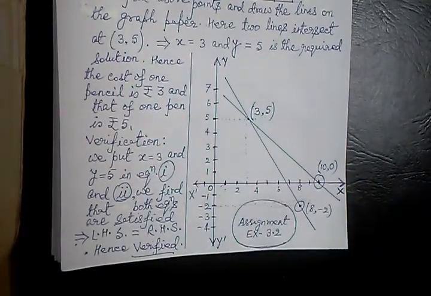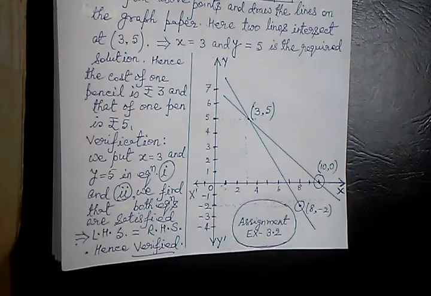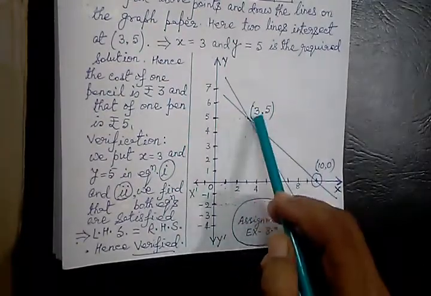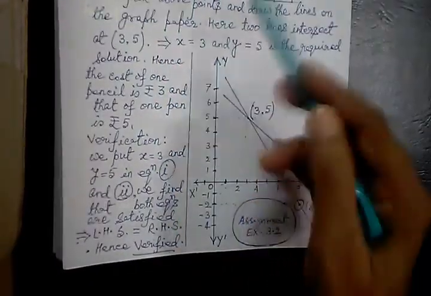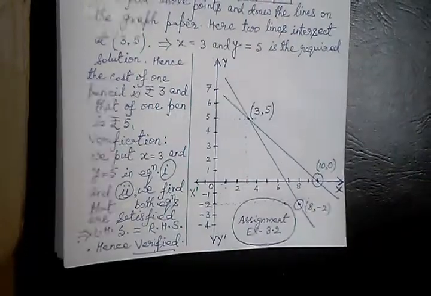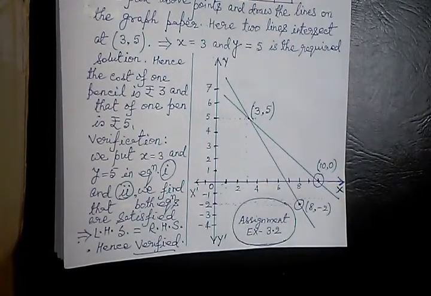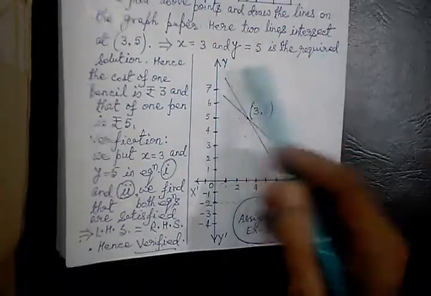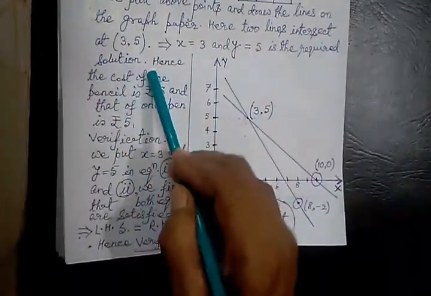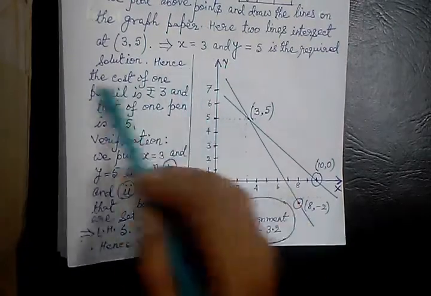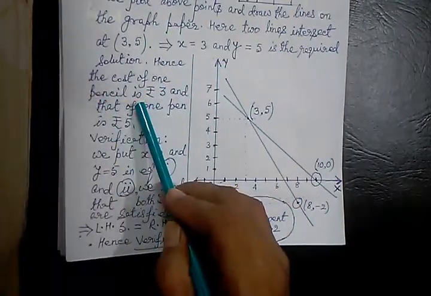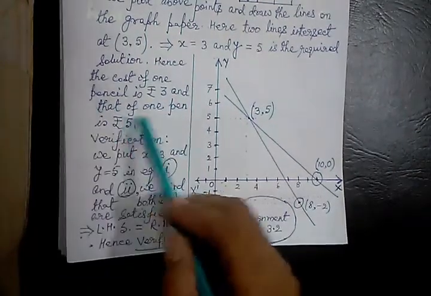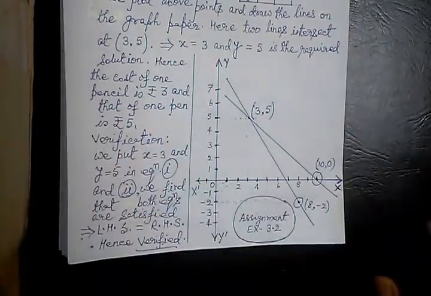Obviously this point of intersection will give you the solution of this pair of linear equations. So x equal to 3 and y equal to 5 is the required solution. Hence the cost of one pencil will be rupees 3 and the cost of one pen is rupees 5.